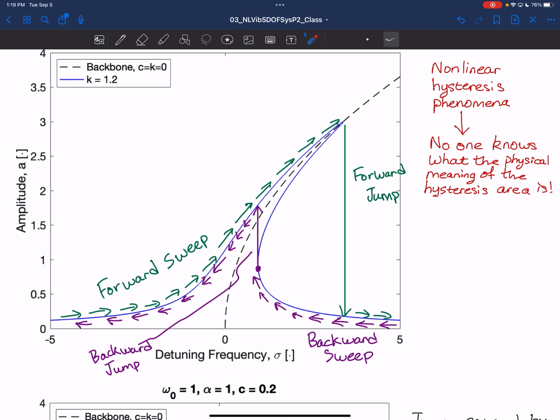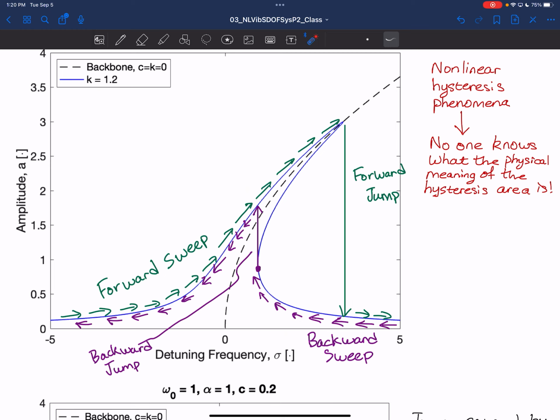Even if you were to just do a single frequency forcing at this level, you will get a response right here or one on this upper branch. You will not get one in the middle. I guess what determines which branch we're at? If you're asking which branch you start on, it's the initial conditions. That doesn't mean you can't switch.